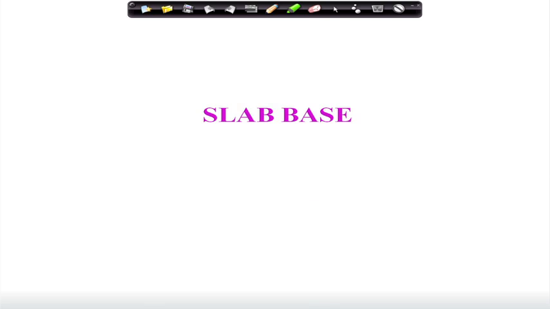So, these column bases are of two types, one is called slab base and the other is called gusset base. In case of slab base, we generally use it when the load is coming concentrically and the magnitude of load is comparatively less, and in case of gusset base the load is generally eccentric in nature and the magnitude of load is comparatively higher.